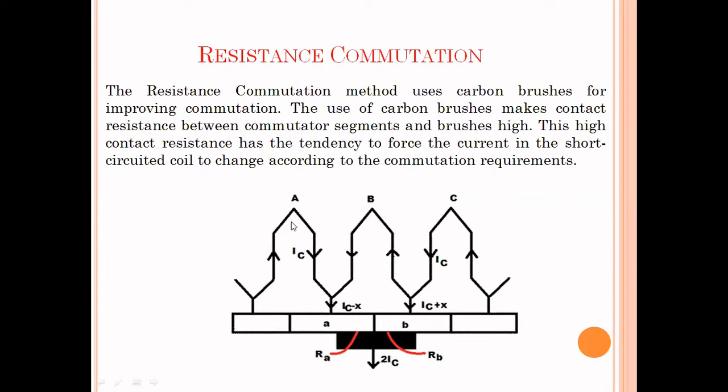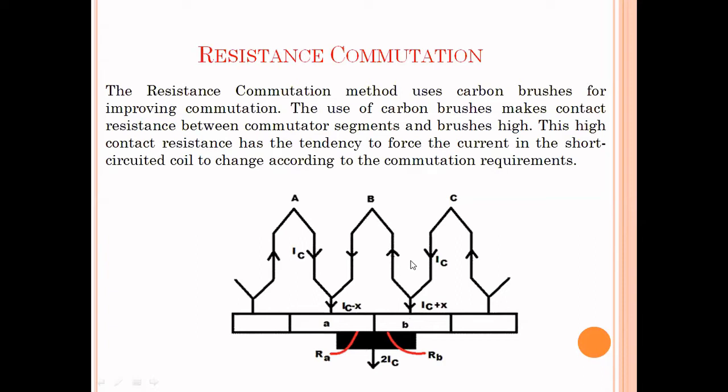Here we consider coil A, coil B, and coil C. Whenever coil B is short circuited by the commutator segments, this is commutator segment A, this is commutator segment B, and the black part is the brushes.